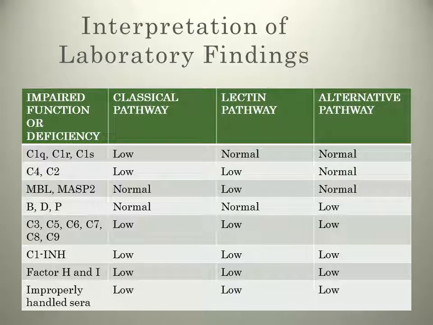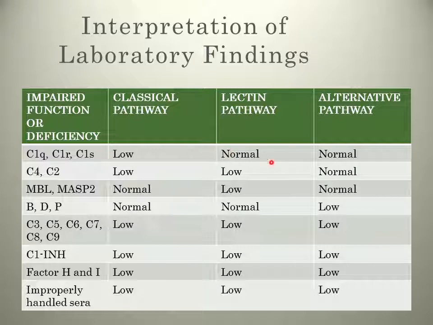Here's another table I want you to independently spend some time with. What I don't want you to do is try to memorize this stuff. This is not the kind of thing I'm going to pin you down on an exam, but rather I want you to read through the table and try to rationalize, well, okay, if the patient is deficient in C1q, C1r, or C1s, which pathway is that going to affect?